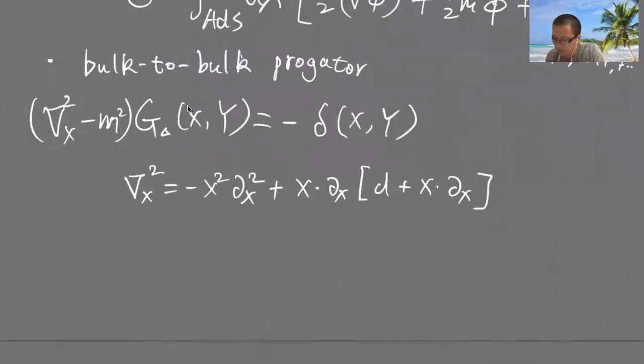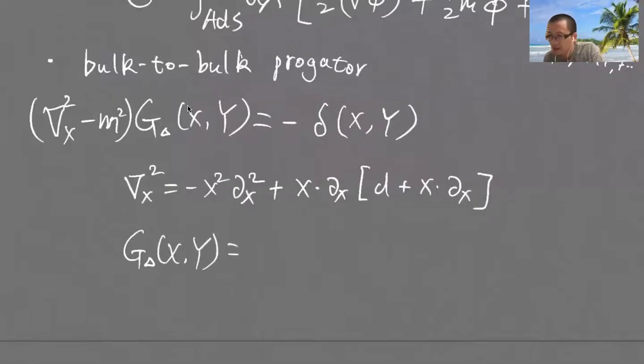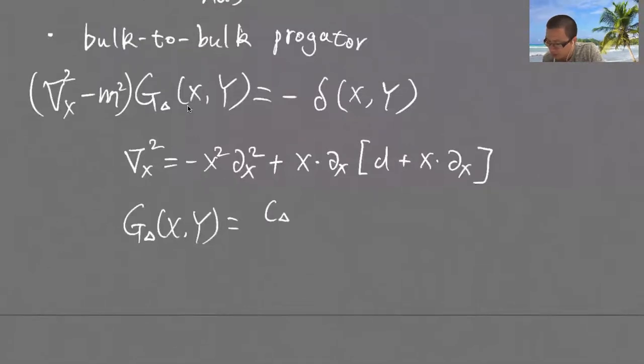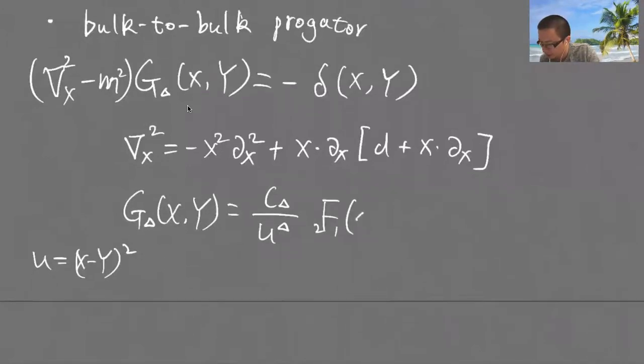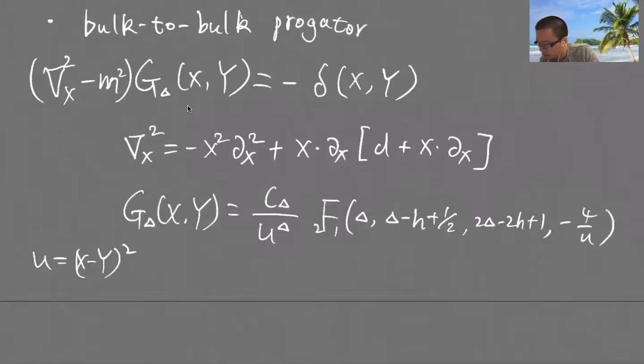Using this, one can solve the differential equation and find that G is given by some normalization factor times a hypergeometric function of u, where u is defined by (x minus y) squared, with arguments delta minus h plus 1/2, 2 delta minus 2h plus 1, and minus 4 over u, where h is half of the dimension d.